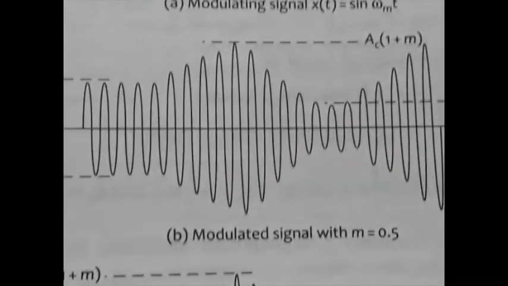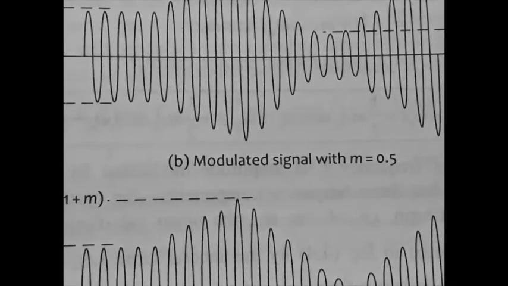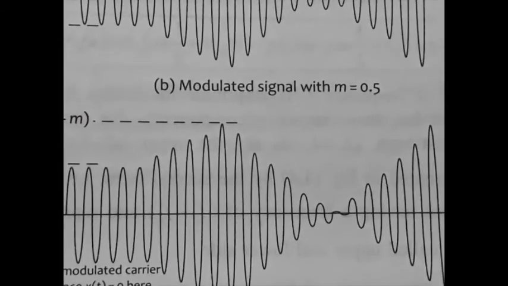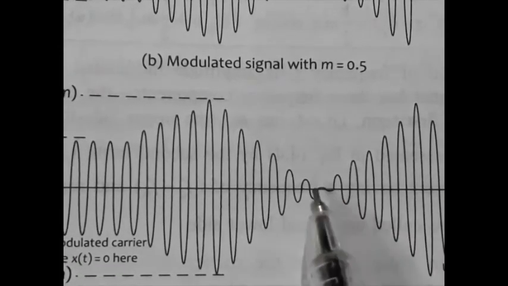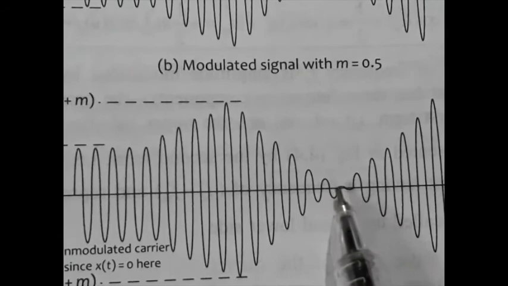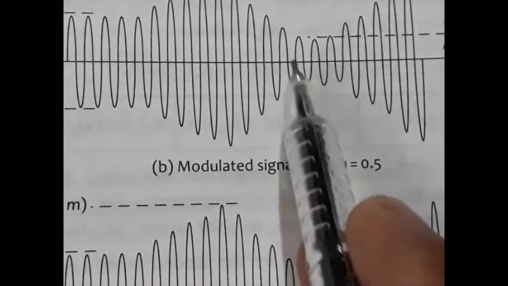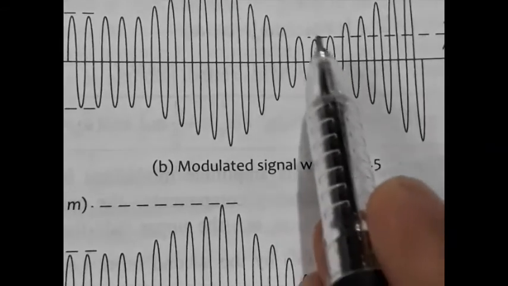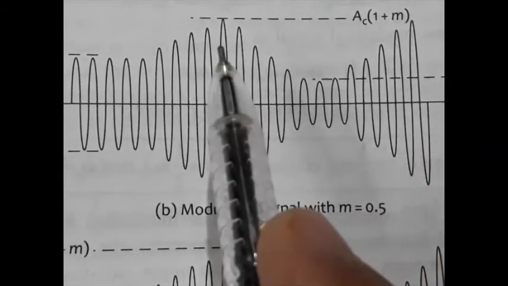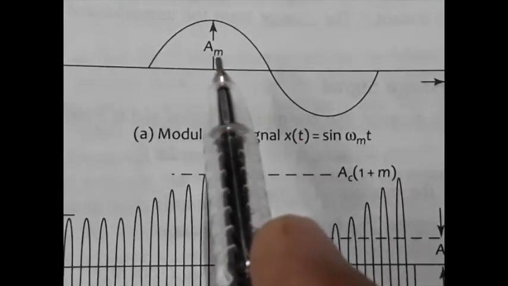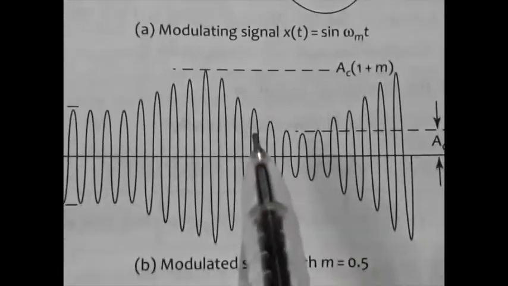Now, if the modulation index becomes 1, under this situation, if we increase the modulation index by increasing this Am, that is x(t) max, then what will happen?